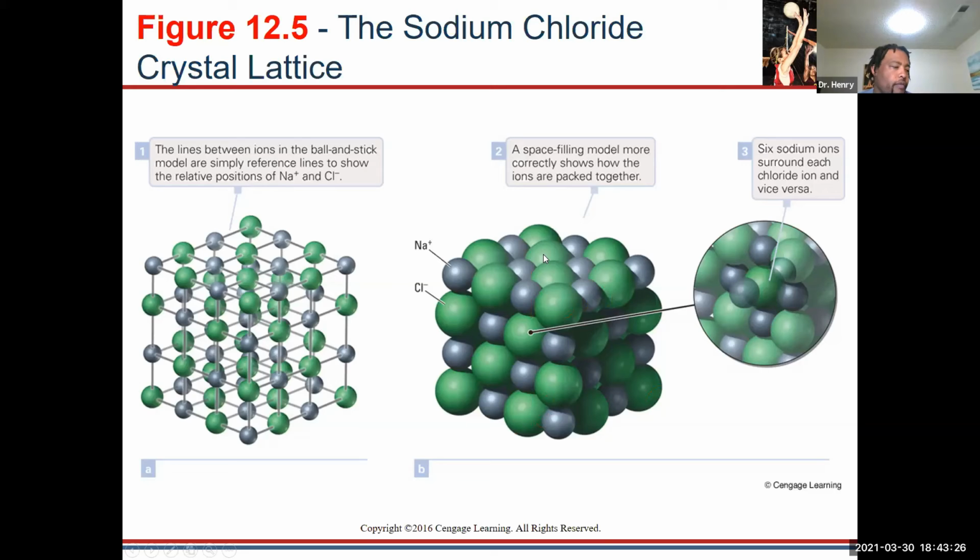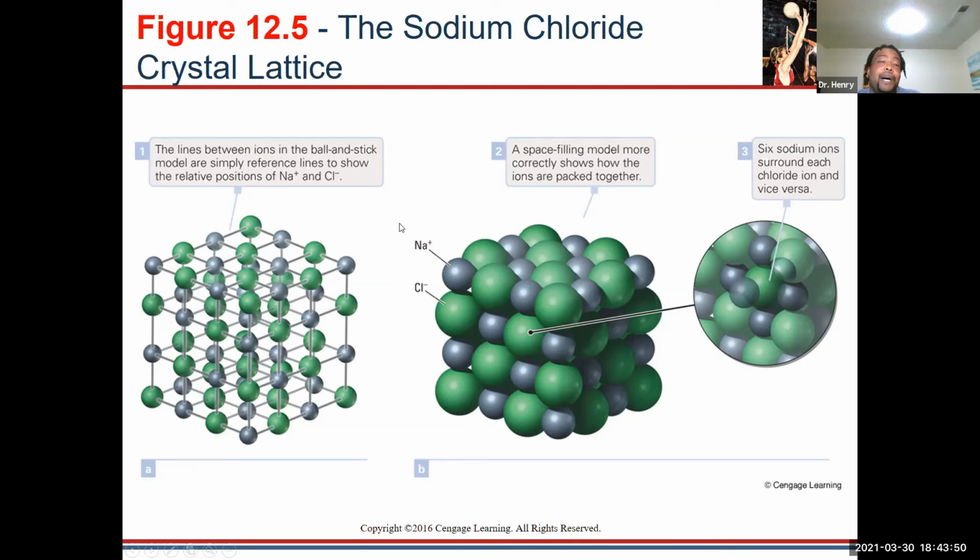These are just 3 different models showing you exactly the same thing. And the key thing here is that each chlorine atom is surrounded by sodium, and here we have the sodium surrounded by the chlorine, right? So they're literally surrounding those charges, but in an organized manner.